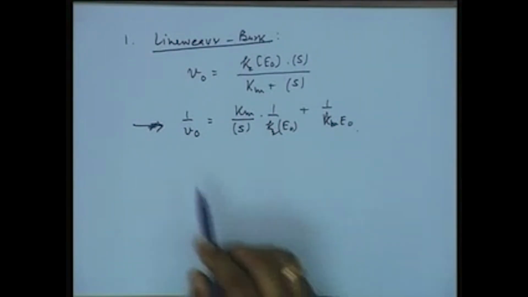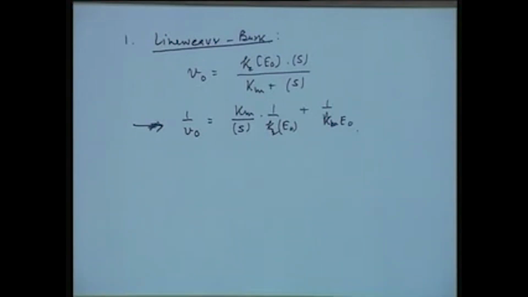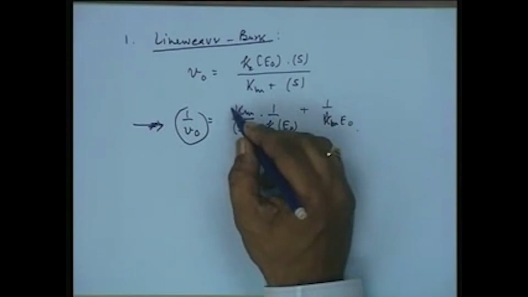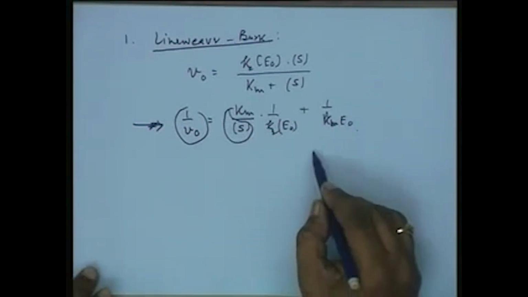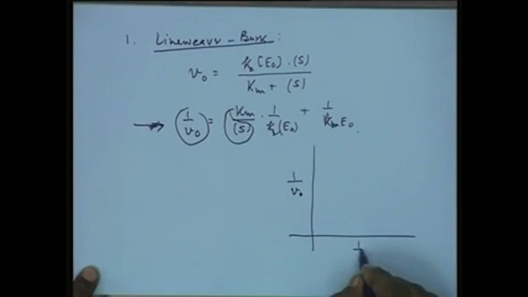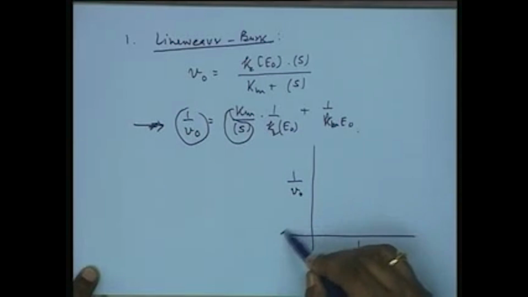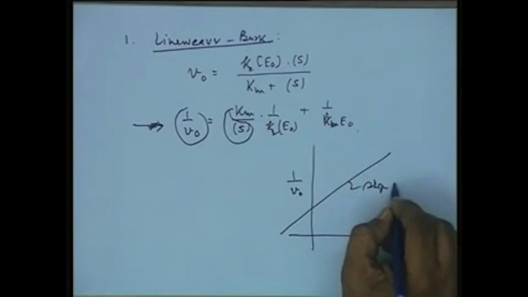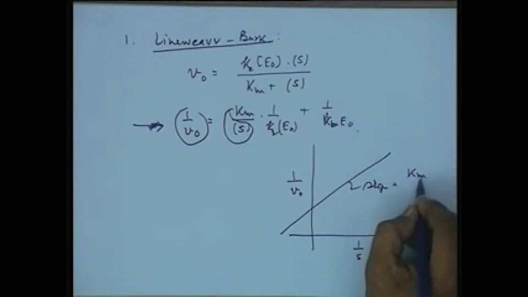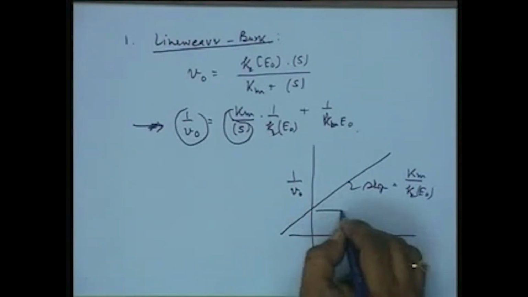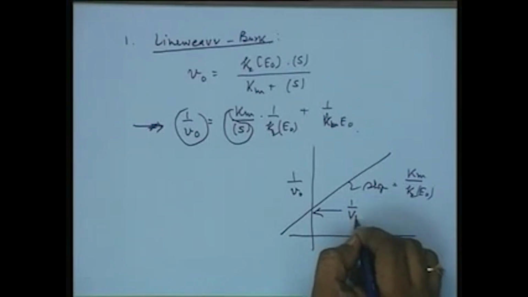Now this represents a straight line relationship between 1 upon V naught and 1 upon S. That means, when you plot 1 upon V naught against 1 upon S, you get a straight line with a slope equal to Km upon K2 E naught or Km upon Vm, and an intercept which refers to 1 upon Vm.